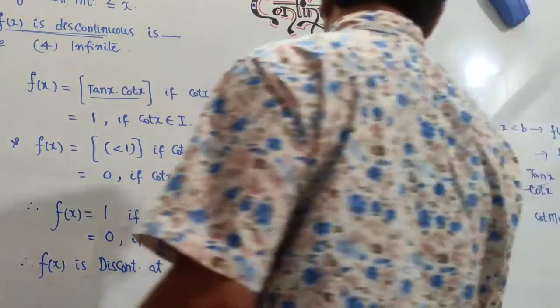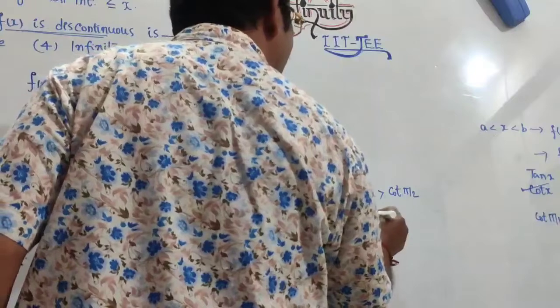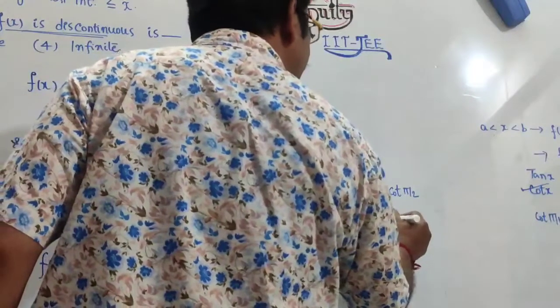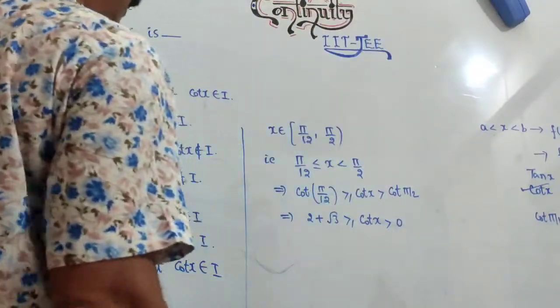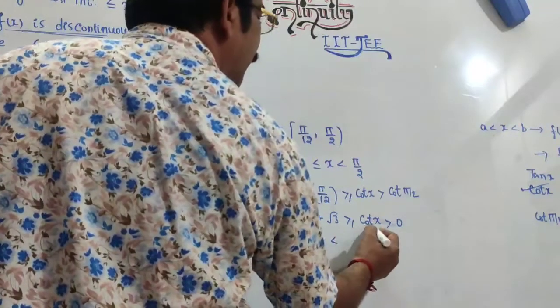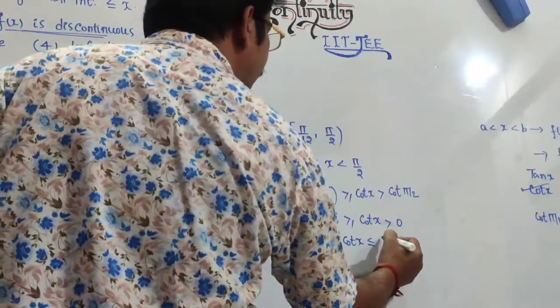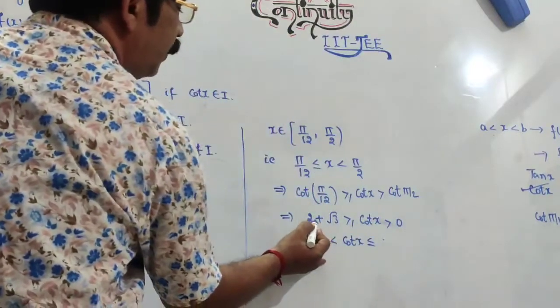So 2 plus root 3 is greater than or equal to cot x is greater than 0. That implies 0 is less than cot x is less than or equal to 2 plus root 3.